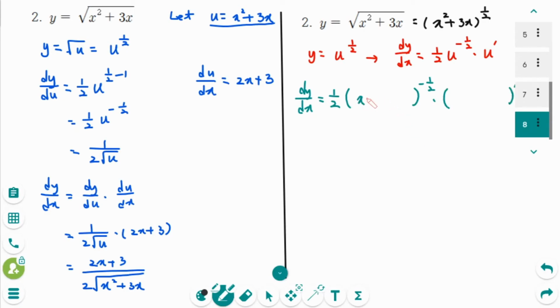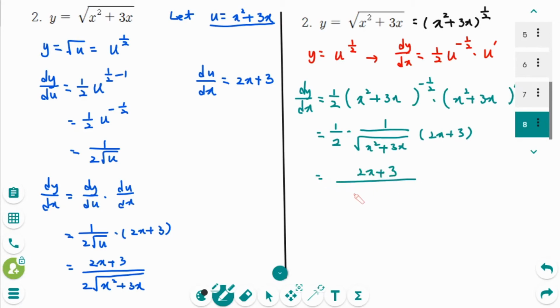Keep the inner function x squared plus 3x. And 1/2, we can rewrite in radical form: 1 over square root of (x squared plus 3x). Then (x squared plus 3x) prime equals 2x plus 3. So we can rewrite as (2x plus 3) over 2 square root of (x squared plus 3x).